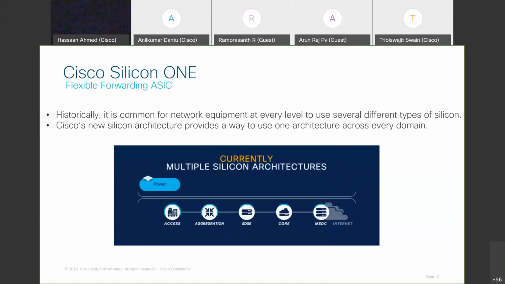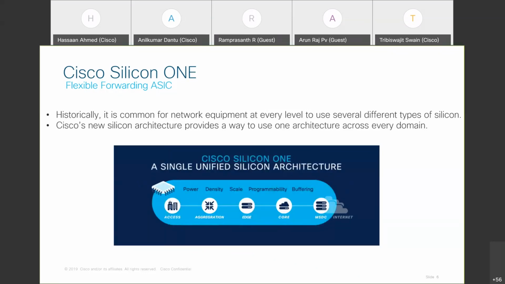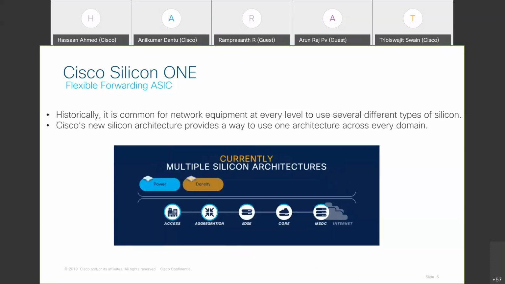So Cisco's Silicon One ASIC, internally coded as the Pacific ASIC, touches all the requirements that web customers and service provider customers typically have, and gets the best of both worlds.